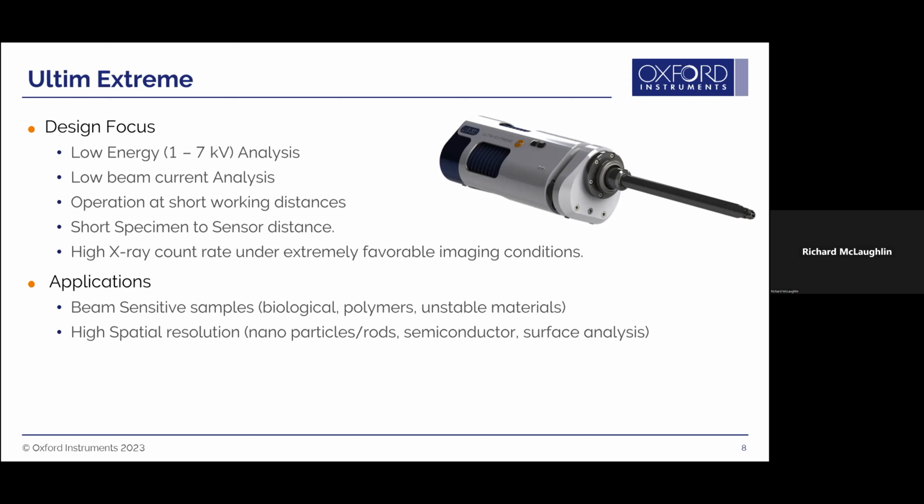And the last type of application is high spatial resolution. So if you're looking at nanoparticles or rods, semiconductors, or just surface analysis, if you just want to analyze what's on the surface, the first 20, 30 nanometers, it's great for surface analysis.